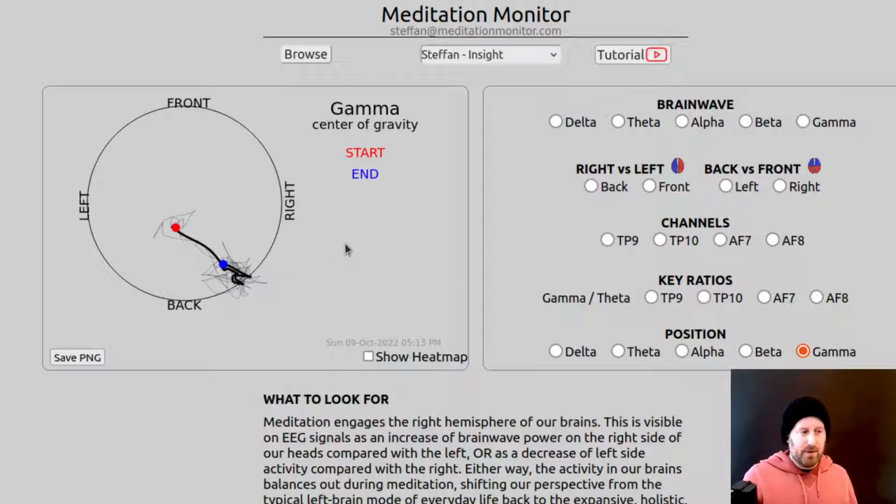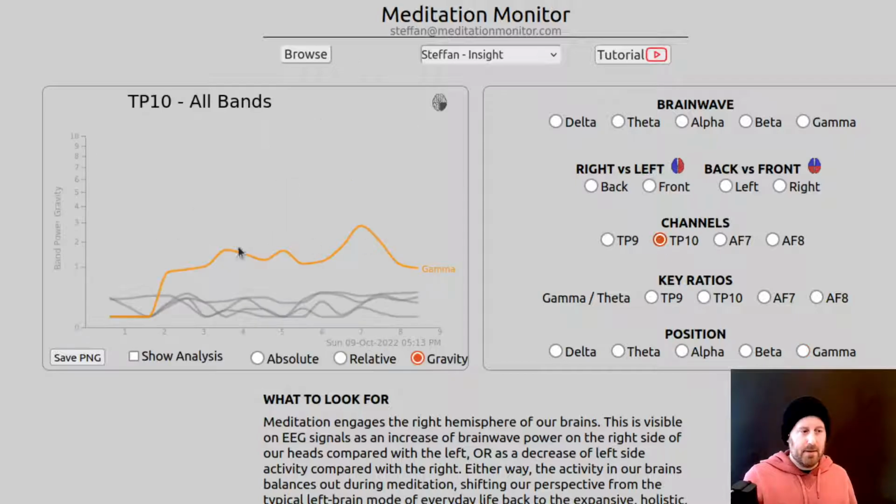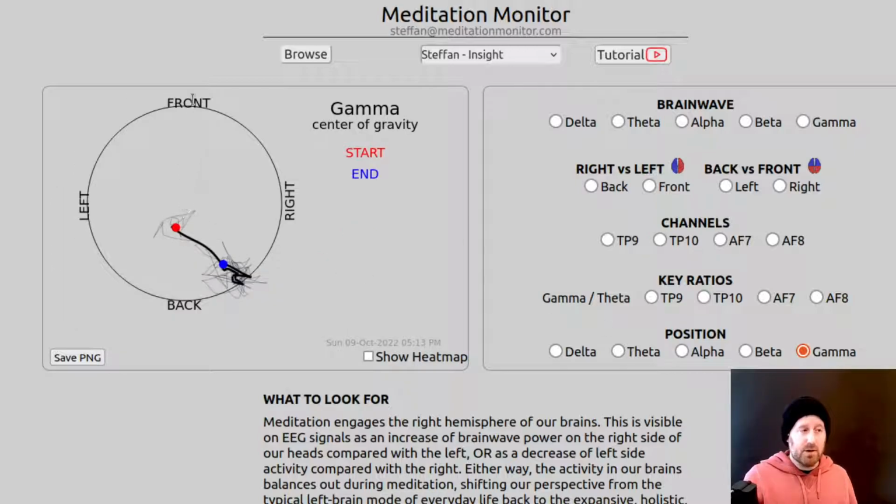So with that in mind, let's look back at the gravity charts for TP10. Remember, this is for TP10: gamma starts out very low, but it goes fairly high. That corresponds with this movement of gamma from being very balanced, with no particular overemphasis on one position or another, to becoming extremely weighted towards TP10.